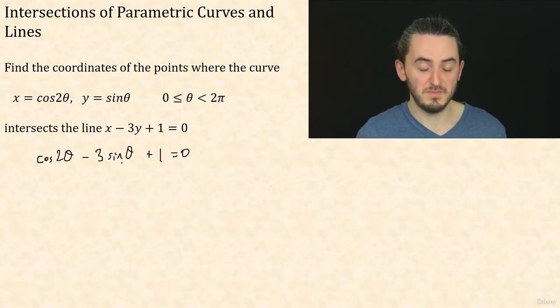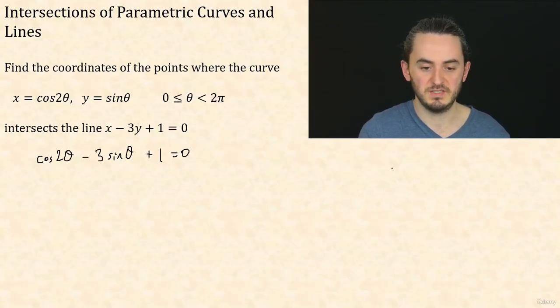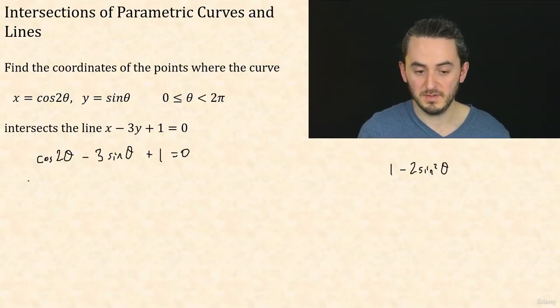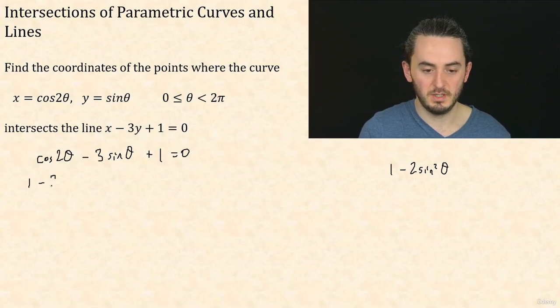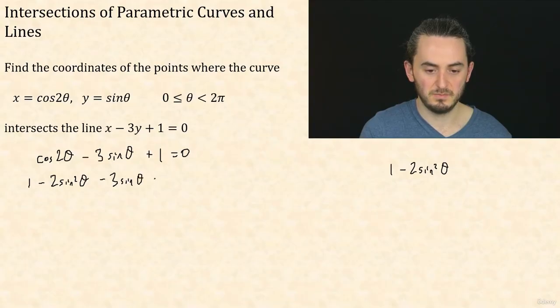Well, actually this is a familiar equation if you've looked at my videos on trig or you know about solving equations using double angles, because I can replace cos 2 theta with 1 minus 2 sine squared theta. So doing that, I get 1 minus 2 sine squared theta minus 3 sine theta plus 1 equals 0.